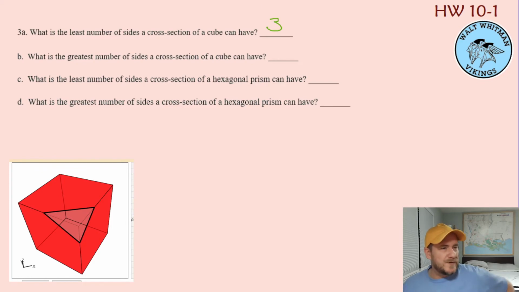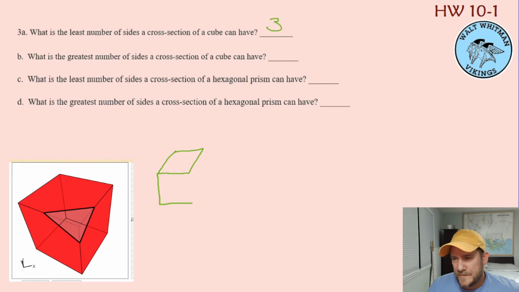It says now, what's the greatest number of sides that a cross section of a cube can have? Well, for that, think about the sides of a cube, or the faces. If you've ever played a game with a die or a pair of dice, then you know there's 6 sides.